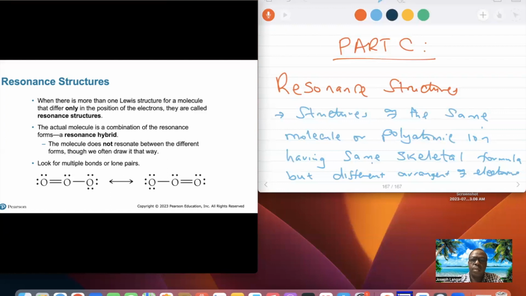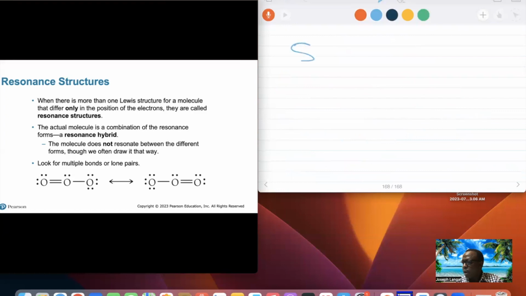Sometimes you may be asked to define or draw the possible resonance structures for a particular molecule or polyatomic ion. Know that you can just vary the position. This is not the only example. We can also have sulfur dioxide, which can have a double bond on the left side or the right side, with an arrow between them.